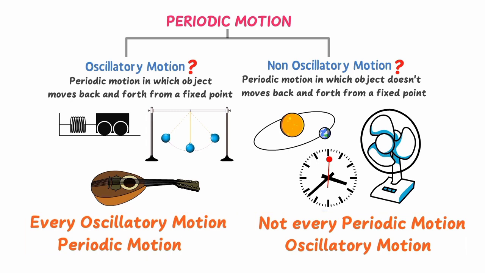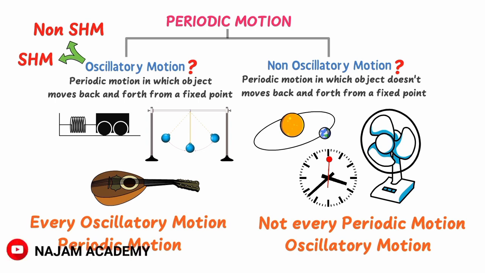Now, oscillatory motion is divided into two types: SHM or simple harmonic motion and non-SHM or non-simple harmonic motion. Firstly, we will understand SHM, and finally, as a bonus tip, I will give you an example of non-SHM.